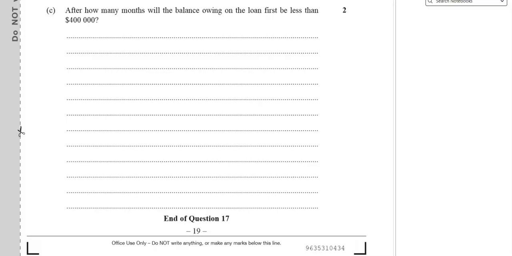Okay, part C. After how many months will the balance owing on the loan first be less than 400,000? So in other words, they're inviting us to find N so that A_N is less than 400,000.